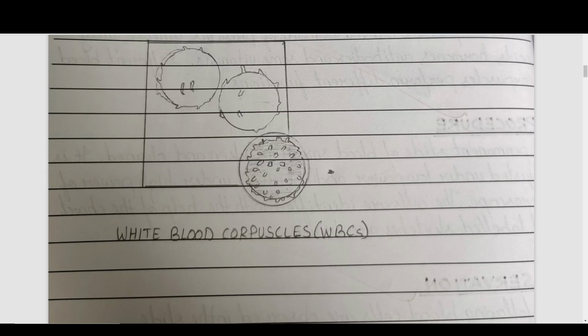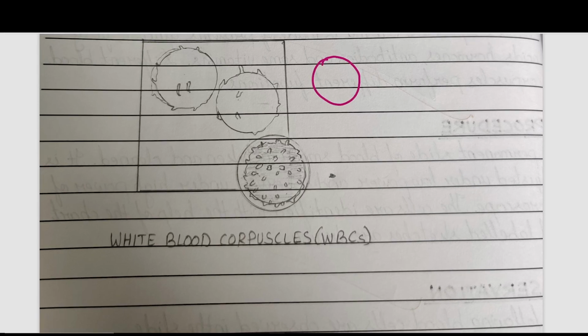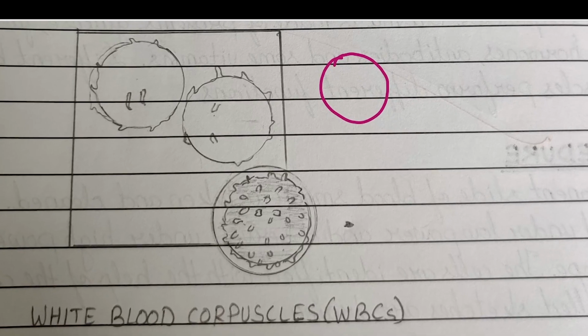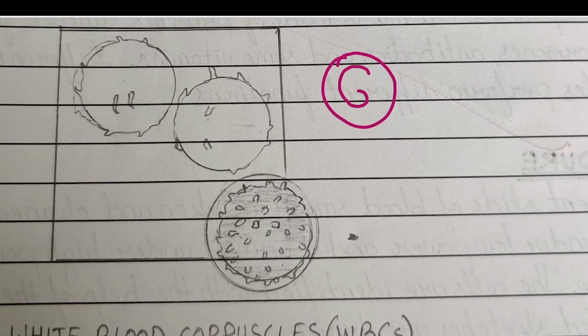So diagram of white blood cells. The granulocytes consist of eosinophils, basophils and neutrophils. Eosinophils, where the nucleus is two-lobed, but granular.